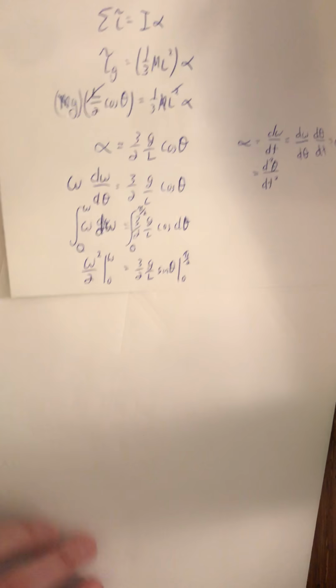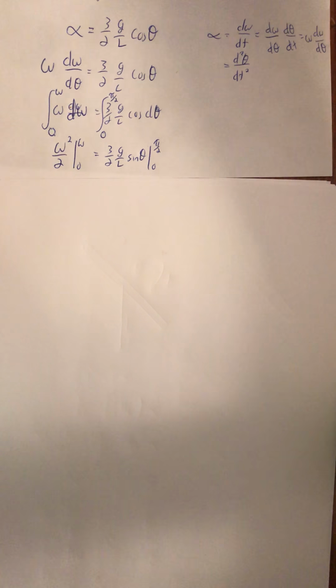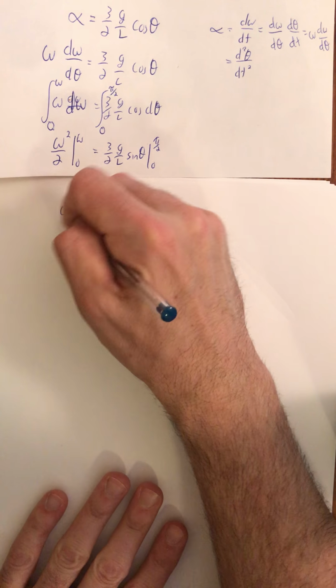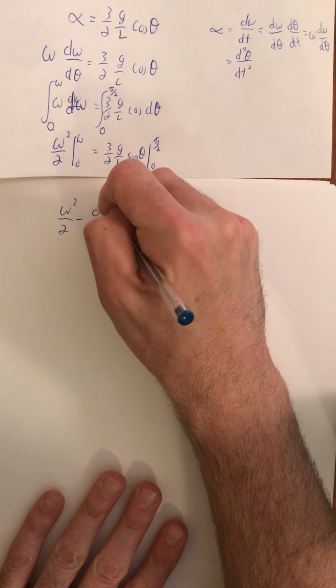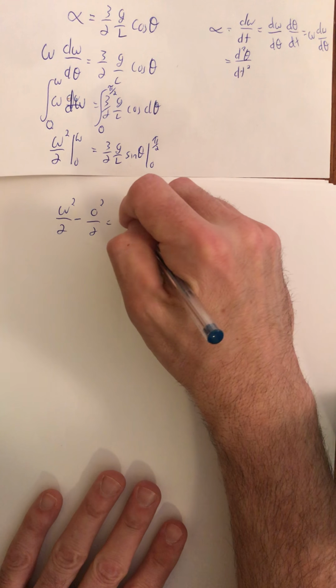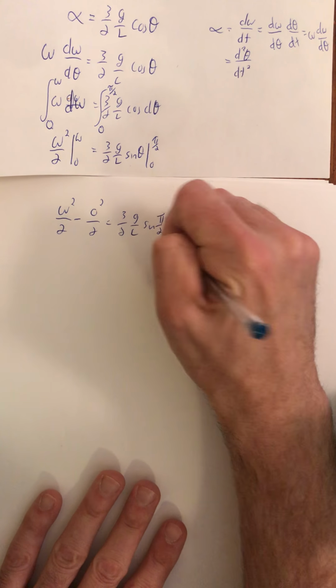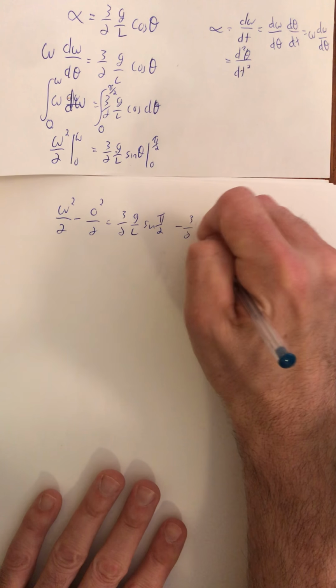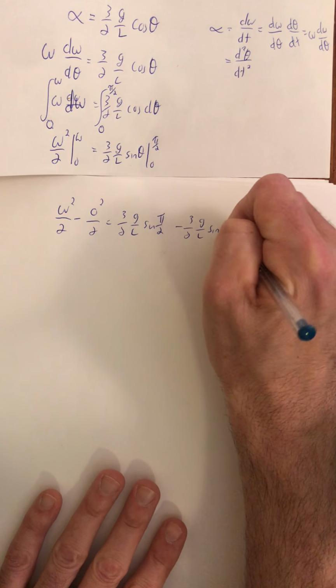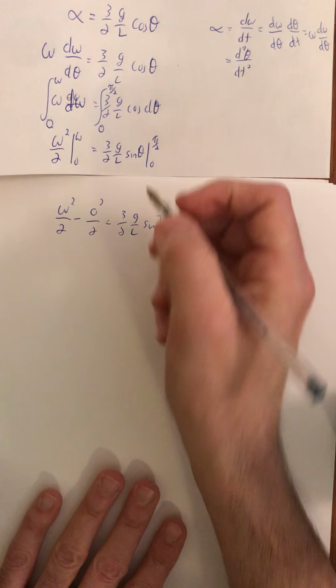So just going on to the next little bit there, that becomes omega squared over 2 minus 0 squared over 2, and then this is 3/2 g over L sine of pi over 2 minus 3/2 g over L sine of 0. That goes away.